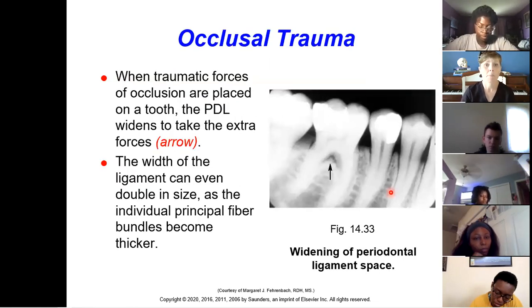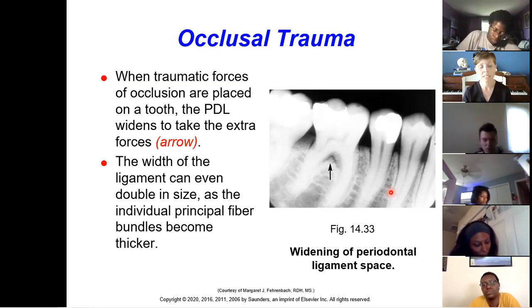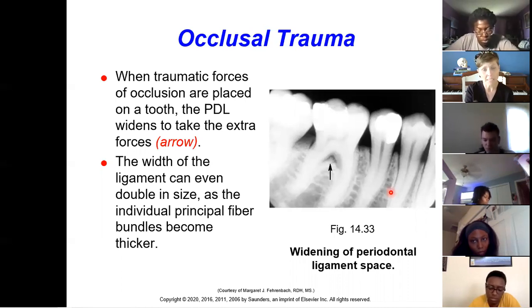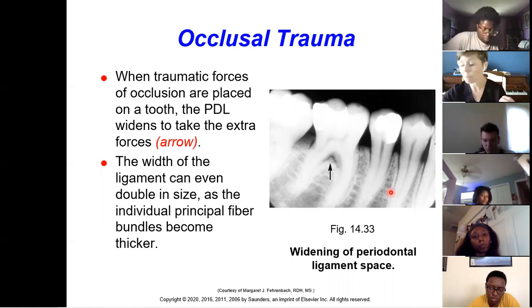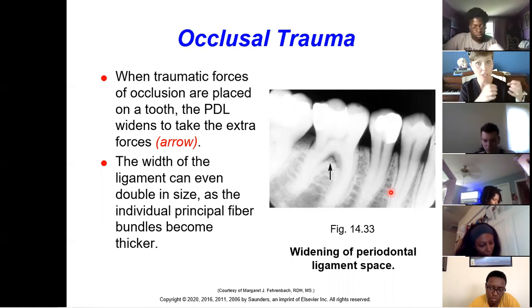Occlusal trauma that is placed on the tooth widens that periodontal ligament. You can see from that arrow right there, the width of the ligament can even double in size as the individual principal fibers thicken. Because that tooth is constantly being traumatized, you can get sensitivity, because those periodontal ligaments are getting stretched and pushed a little bit.